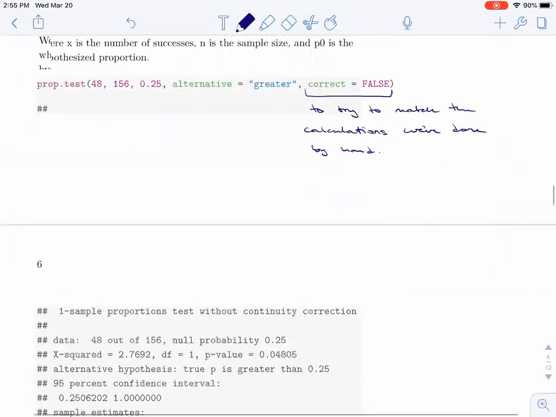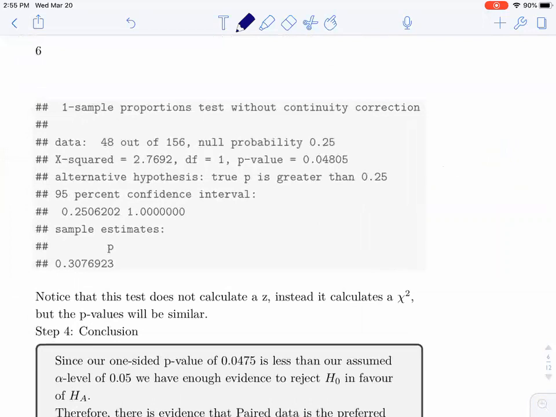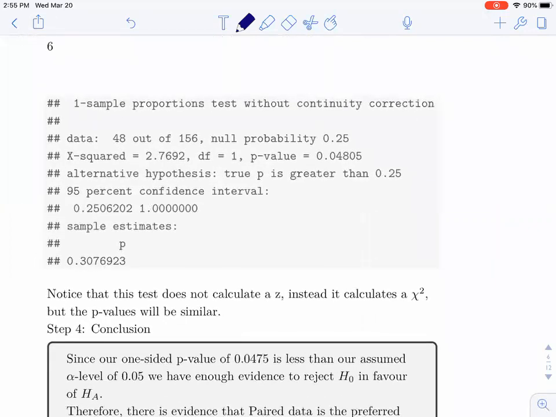So your output looks like this. It's saying, okay, here's a one-sample proportions test without continuity correction. In the lab, you don't have to have the correct equals FALSE, because you can just use whatever p-value it gives you. But the p-value that it finds here is 0.04805.